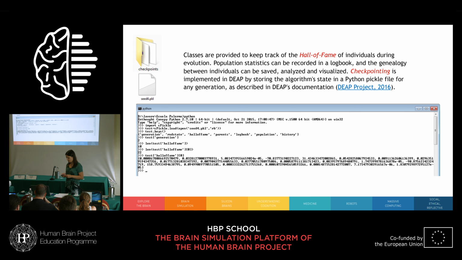And this can be read using Python code that can be easily used also in the Colab in a Jupyter notebook. So here we can see that the keys of the pickle file are the generation, the Hall of Fame, the parents, the logbook, the population, and the history.